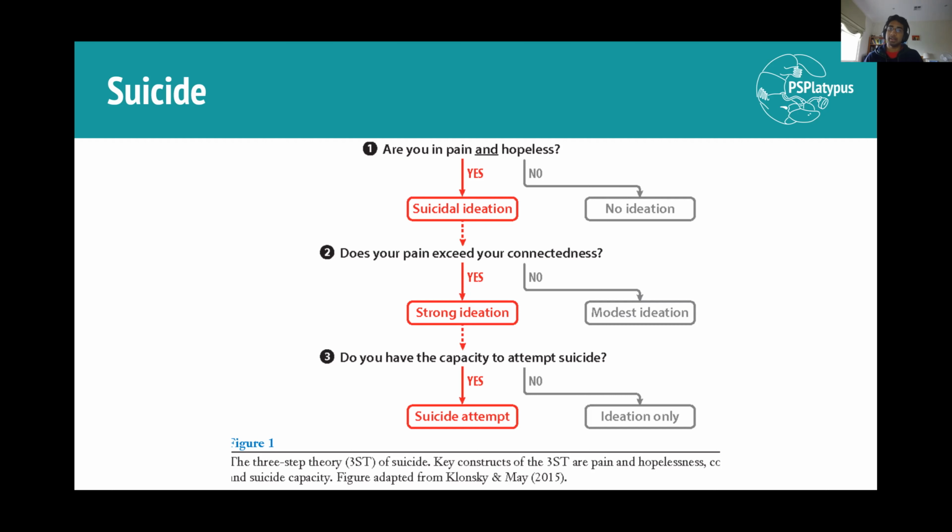And then if they have the ability to attempt suicide, so that's not only the actual straight up physical ability to commit suicide, it's also the sort of social ability or ability to decouple oneself from mental obligations. But if they are in that position, then we get a suicide attempt. So it's not the only way of thinking about suicide, but it is a useful way for us to think about it and think about how we can divert that especially.